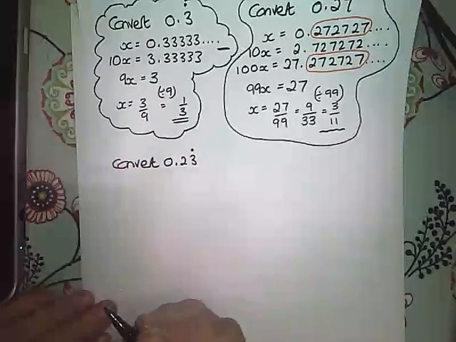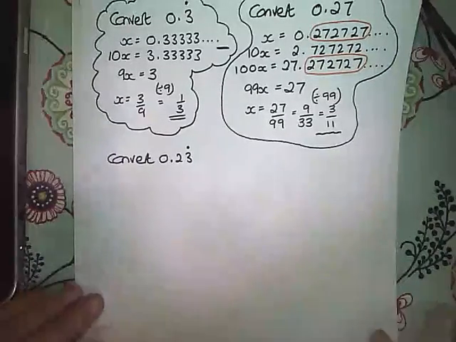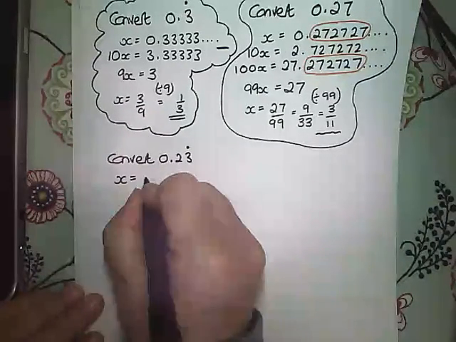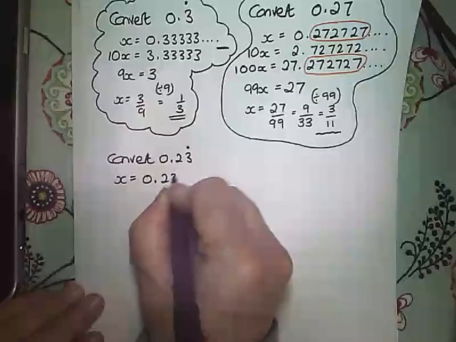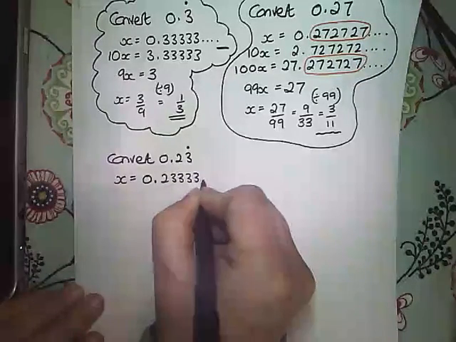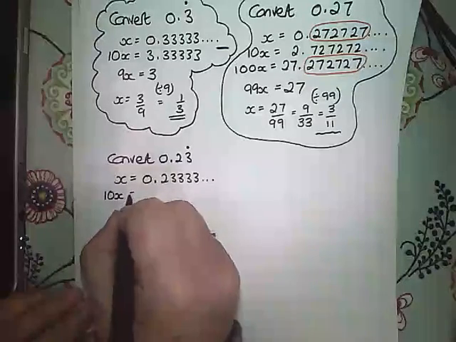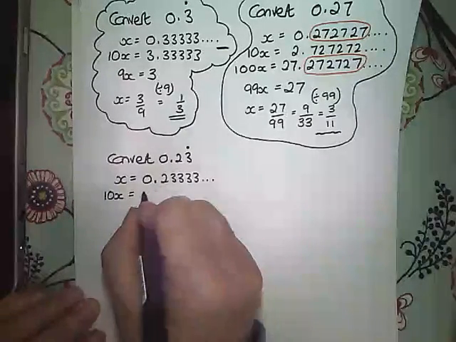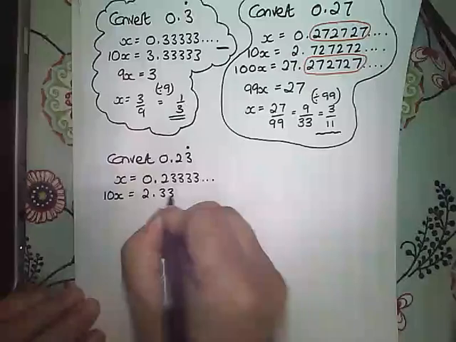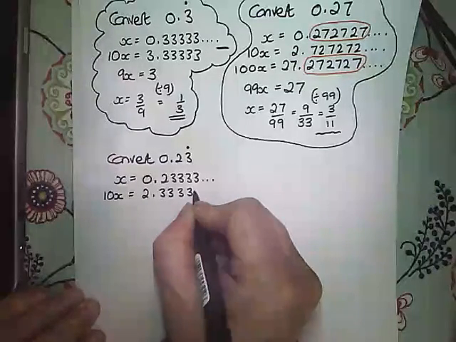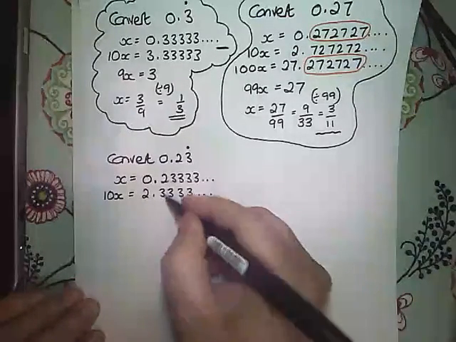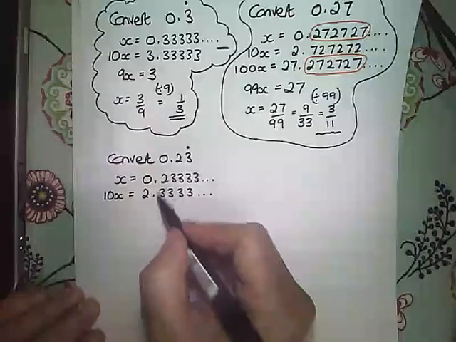So again, we go back to our algebra. x is equal to 0.2, and then it's just the 3 that recurs. 10x, I don't think is going to help us, oh, it might do actually, is going to be 2.3333, and so on. They're not matching up though, because this 2 here doesn't match up with this 3 here.